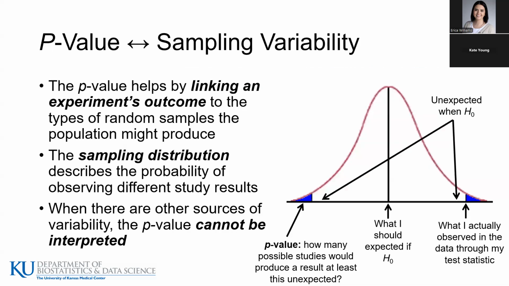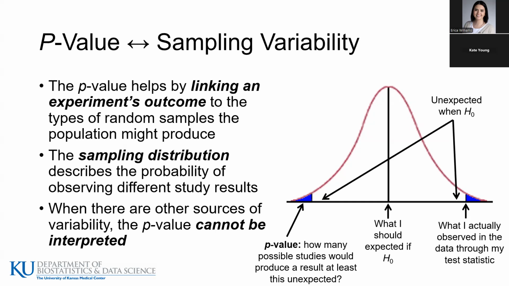I wanted to briefly talk about the p-value because this is used a lot in clinical research, but people usually have a misunderstanding of what the p-value represents and what it means in the context of the study. What the p-value does is help by linking an experiment's outcome to the types of random samples that the population might produce.